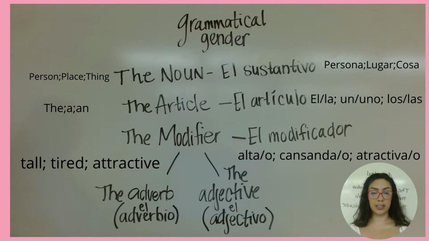And then the adjective. In English, tall, tired, attractive. These are adjectives. In Spanish, the direct translation of these adjectives, the ending depends on the grammatical gender of the noun. So you can see how it's complicated.